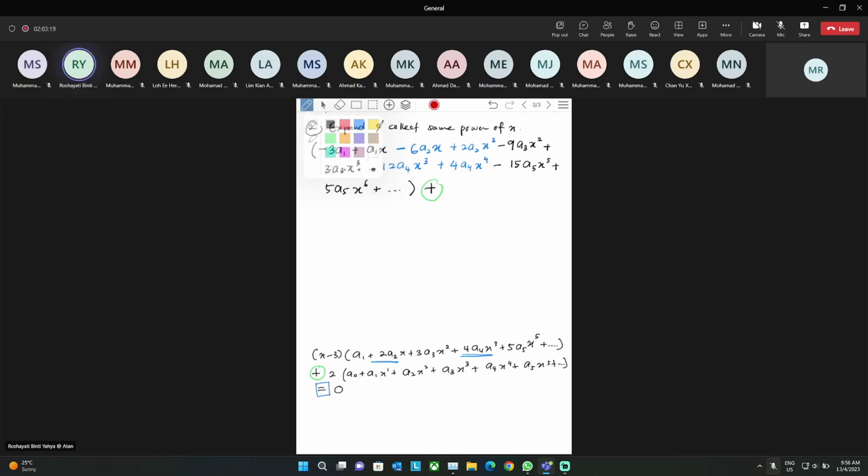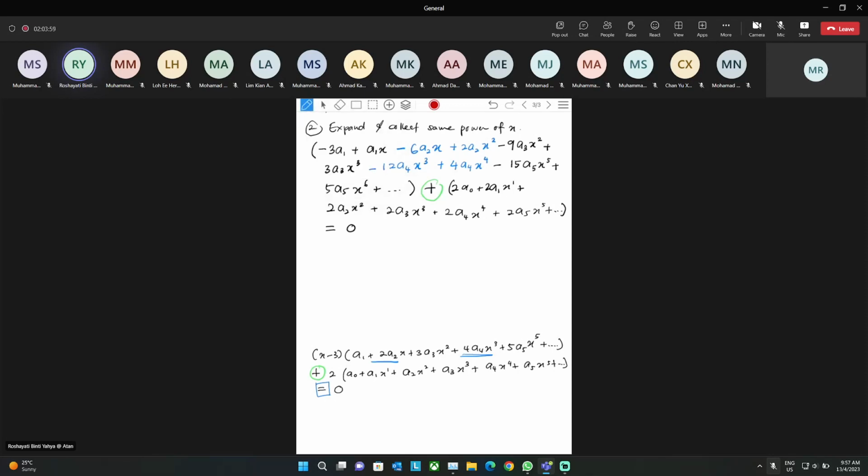so 2A0, so just expand this to A0 plus 2A1 x1 plus 2A2 x2 plus 2A3 x cube plus 2A4 x to the power 4 plus 2A5 x to the power 5 plus dot equal to 0.